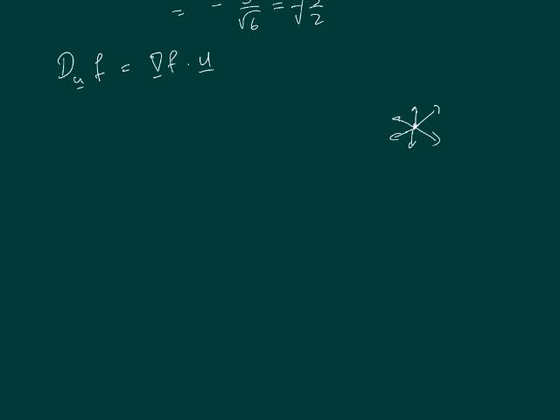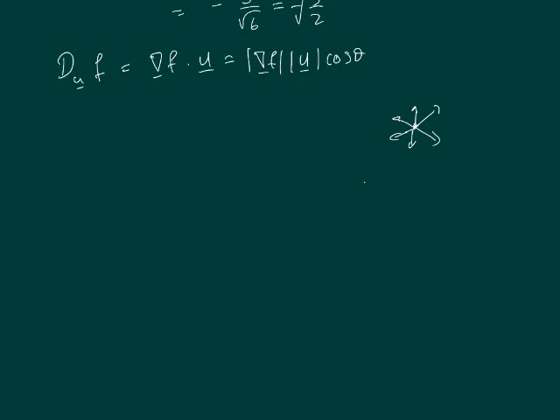In order to calculate that, look at the definition, grad f dot u. The other definition is that it's the magnitude of grad f times the magnitude of u times cosine theta.